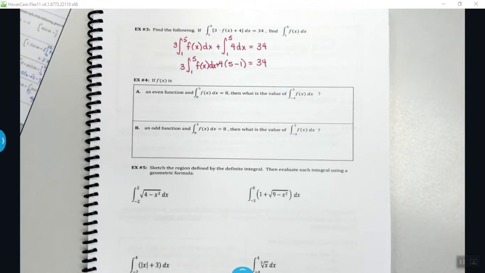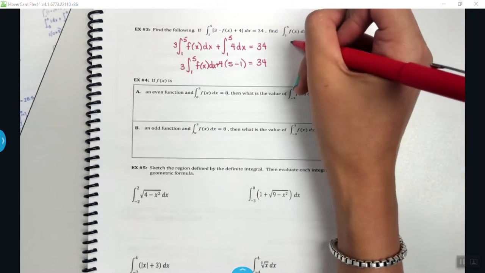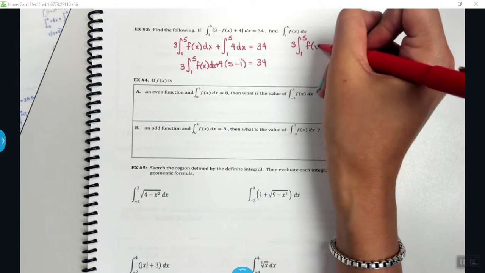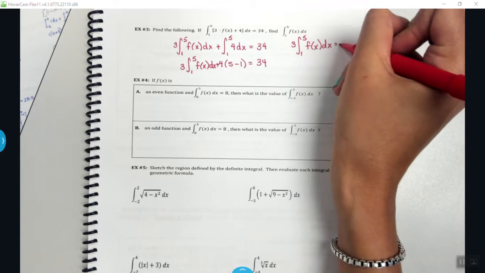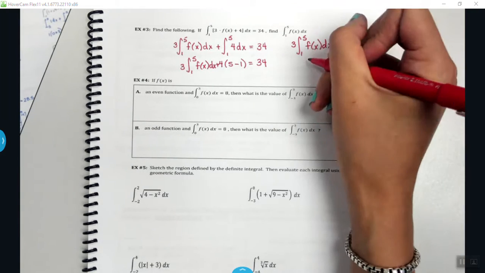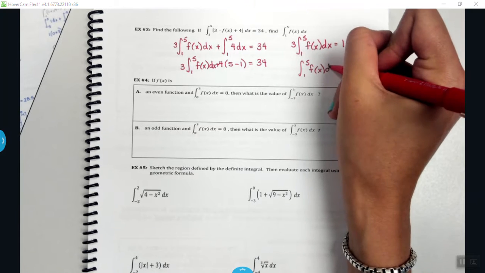Okay, and then 4 times 4 is 16, right? 16, then we move it over to the other side. So we have 3 integral from 1 to 5 of f of x dx is equal to 18 left. And so integral from 1 to 5 of f of x dx is 6.